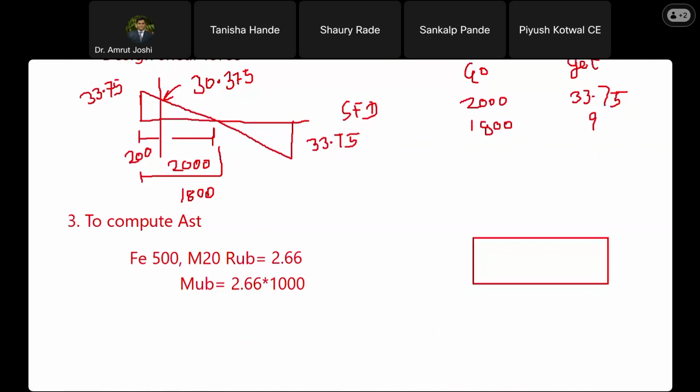We consider this slab to be equivalent to a beam of width 1000 mm. Let me write down that 1000 mm and small d equal to 200 mm. Are you with me? Yes, sir.